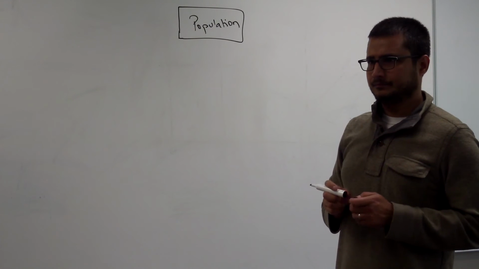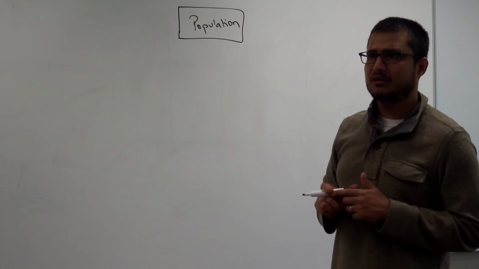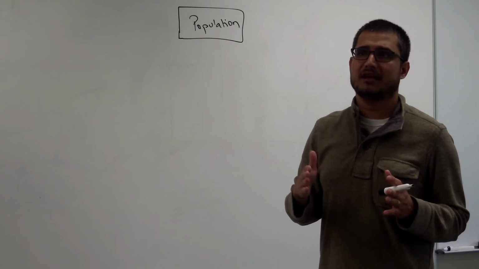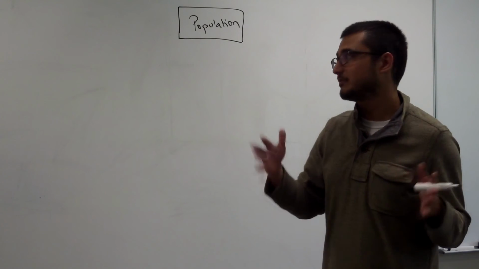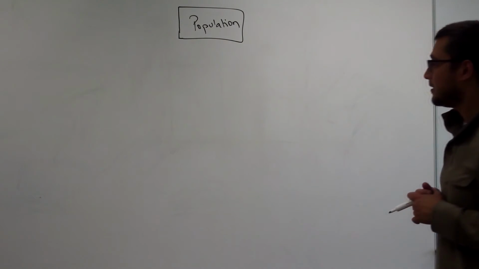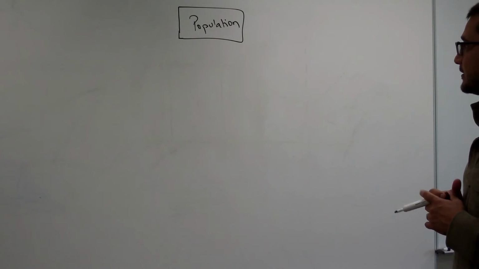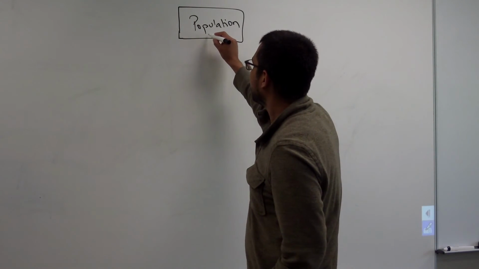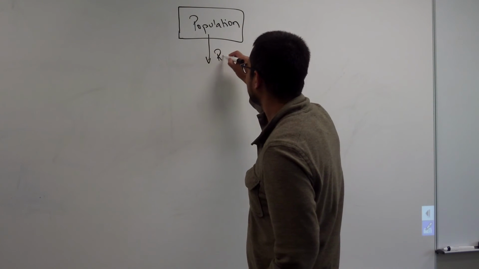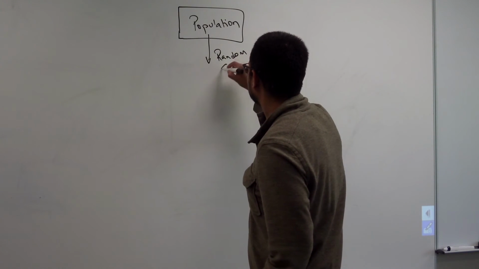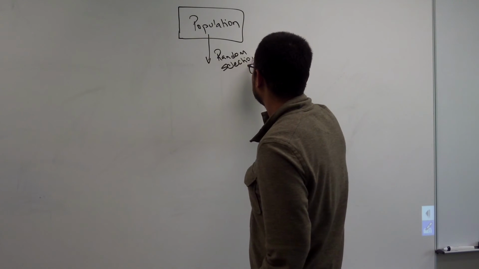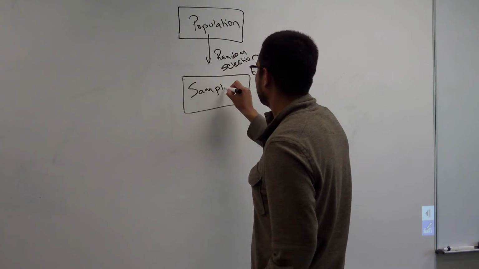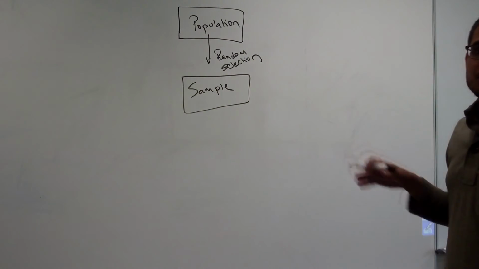Now you probably want to limit people to certain ages, right? Maybe take from 18 to 55 or something like that. So have some parameters. And then out of that population, you randomly select a particular sample.